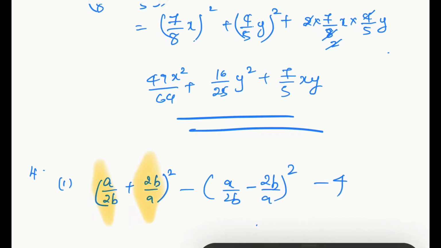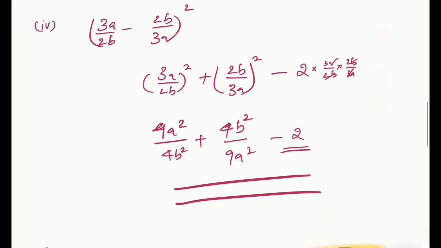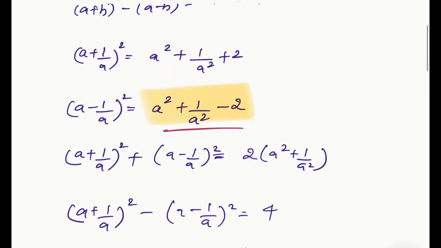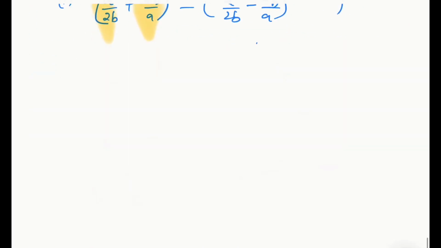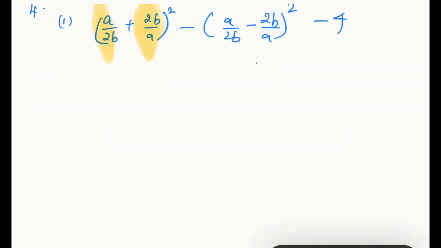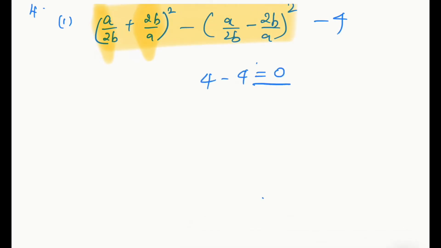So it is of the form what we have already discussed here. See here, a plus 1 by a whole square minus a minus 1 by a the whole square equal to what? 4. So even this whole part will be equal to 4. So you get it as 4 minus 4 equal to 0.